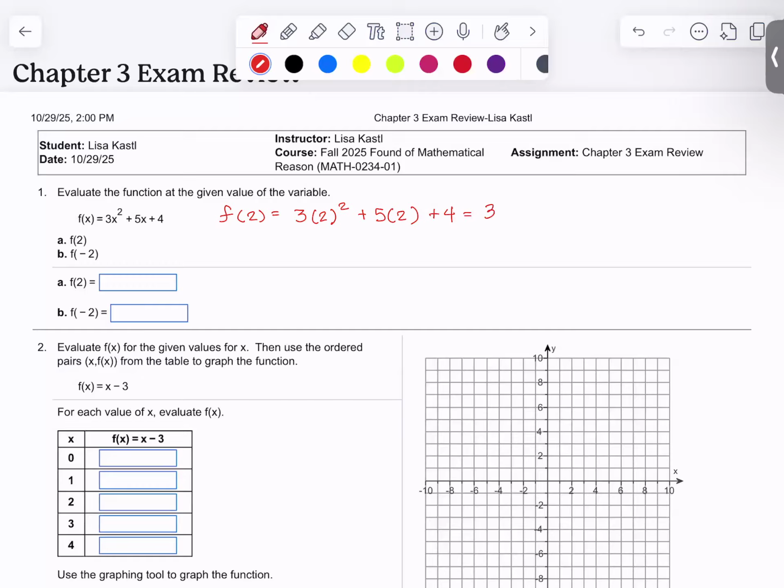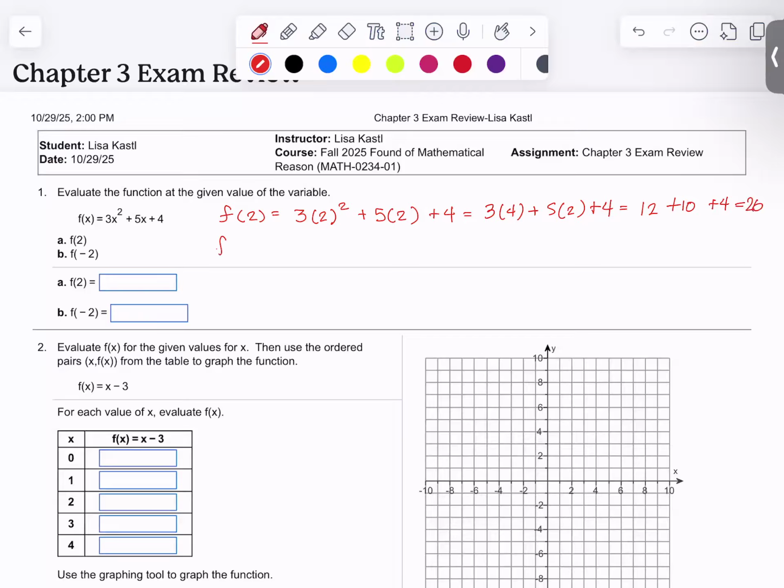So 2 squared is 4, plus 5 times 2 plus 4. So that's going to be 3 times 4 is 12. 5 times 2 is 10, plus 4. So that's going to be 12, and 10 is 22, plus 4 is 26.